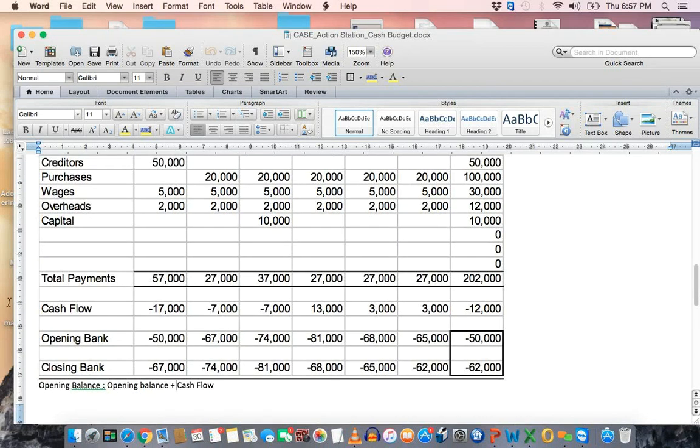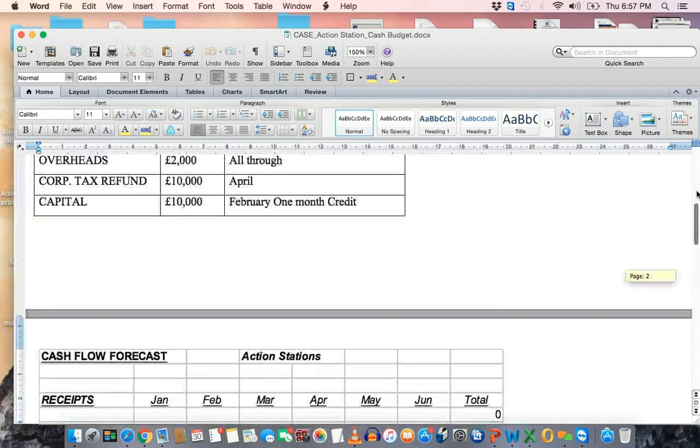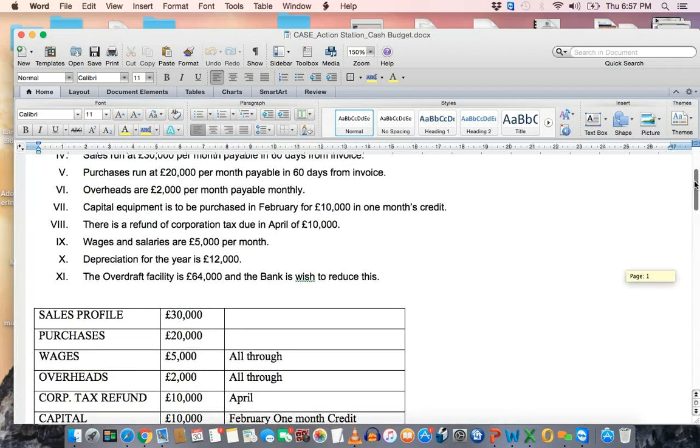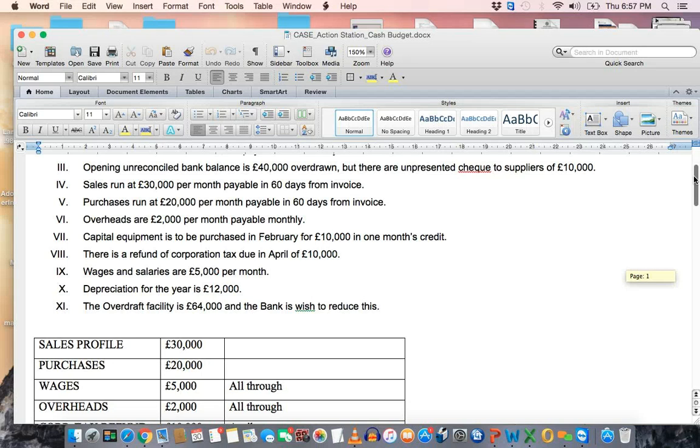Now, we need to calculate our opening balance and closing balance. So we have our opening balance here. The opening balance here, that's 50,000, came from the unpresented check.